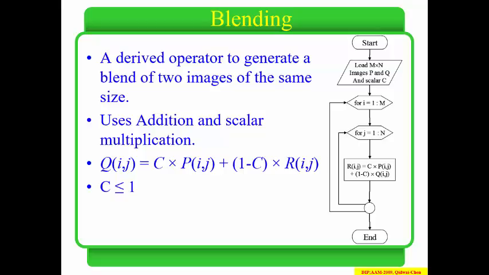And so on. If I want an equal contribution, I will put C equal to 0.5, so it will be 0.5 P plus 0.5 R. Clear? Okay, so this is how it is done.